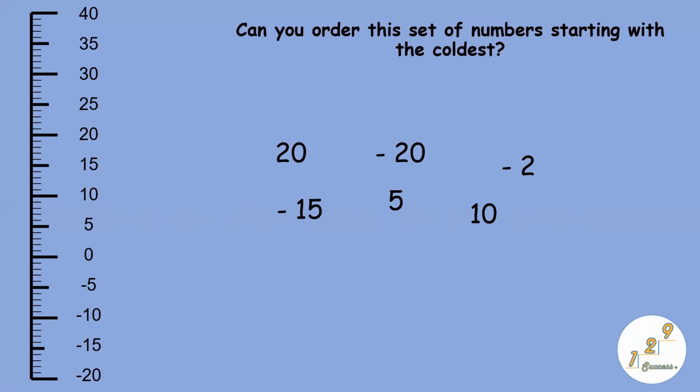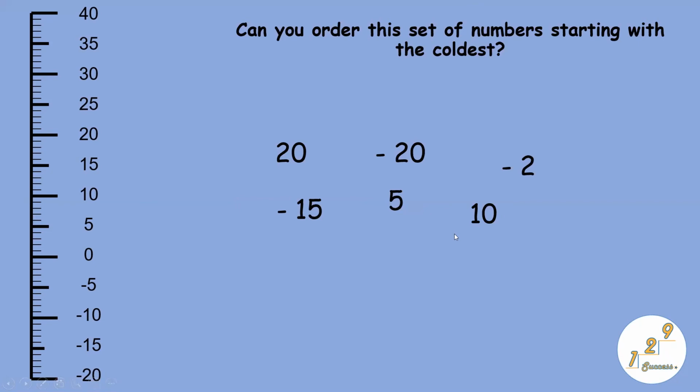The first thing that we should do is we should label our numbers on our number line. I hope that you've done that. Then our numbers that are furthest away from the 0, in this number line, the ones that are below 0, or if we had a flat number line that went horizontal across the screen, then it would be the numbers to the left of the 0.